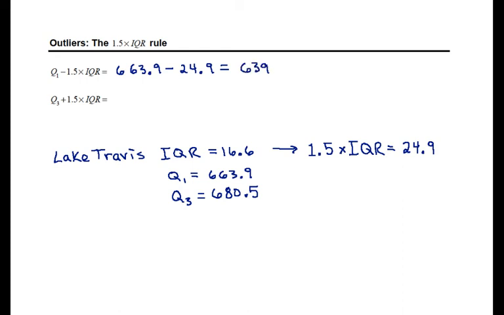And our upper bound is 680.5 plus 24.9, which turns out to be 705.4. So these are the bounds for all data values that we consider not to be outliers. Values between these two numbers are not outliers.